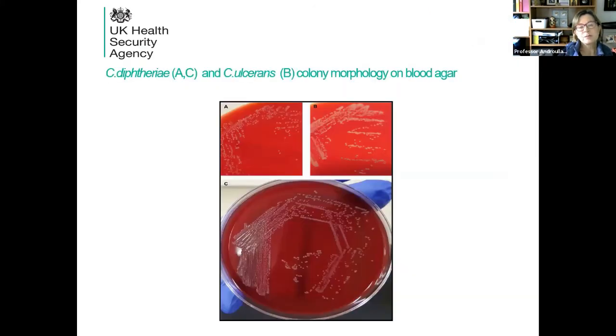So this is a culture of Corynebacterium diphtheriae here and here, and you can see they're quite classic grey colonies, non-hemolytic. And this is C. ulcerans here. So they're quite similar.